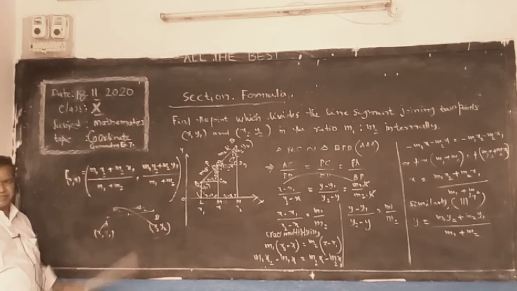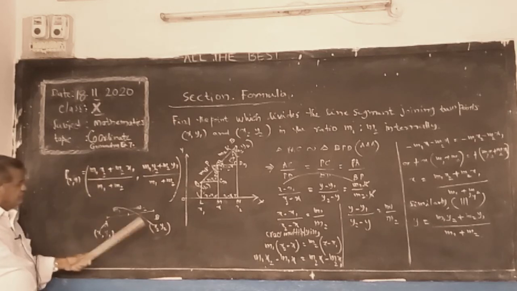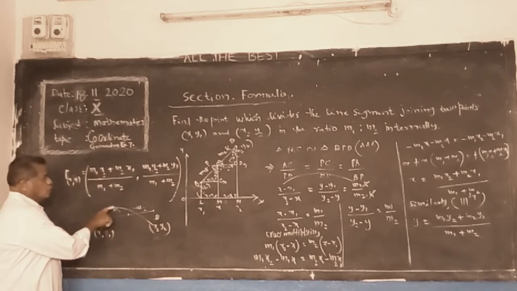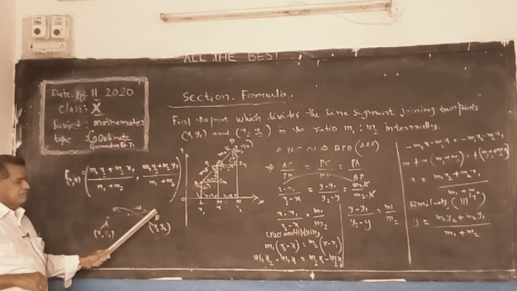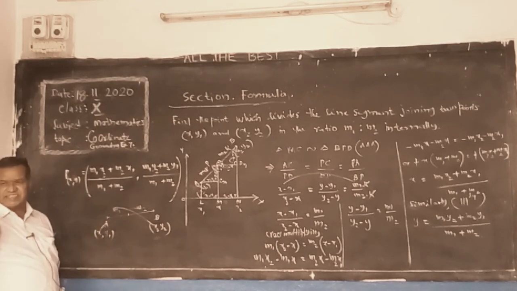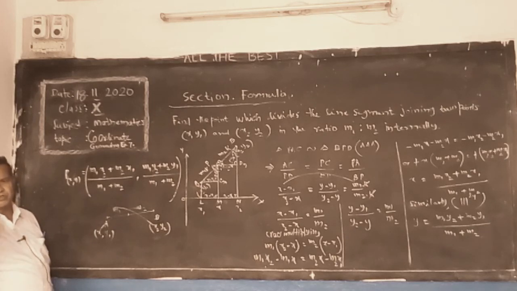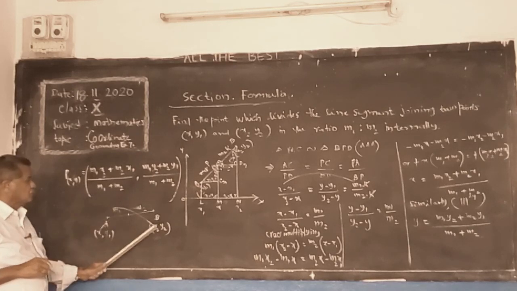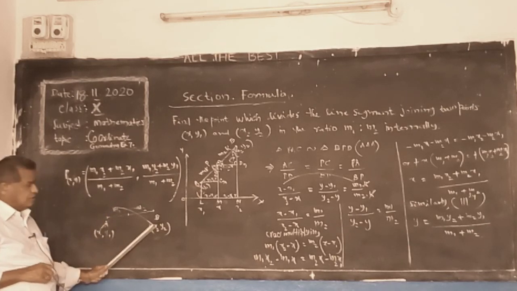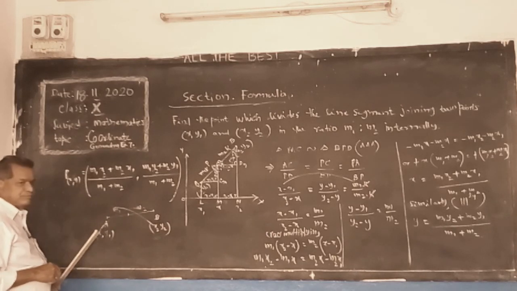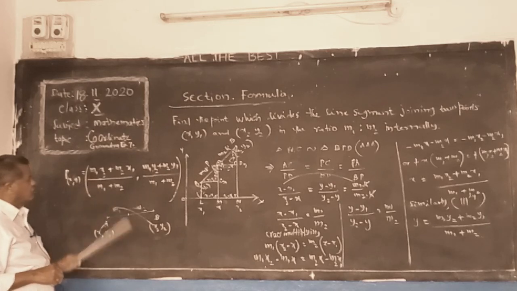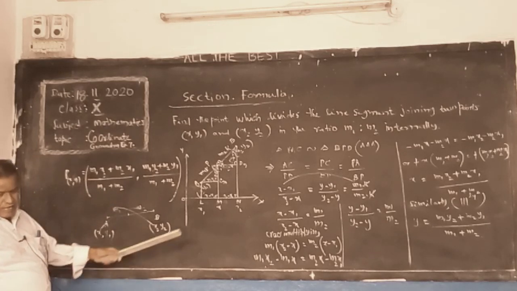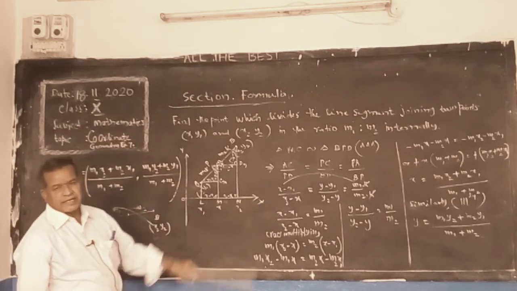This is the x coordinate and the y coordinate. So an easy way to remember is cross multiplication. Draw this figure, then you can write the formula easily. Don't confuse: m1 x2 by cross multiplication and m2 x1, plus in the middle, and the denominator also m1 plus m2. By calculation we get the x coordinate.